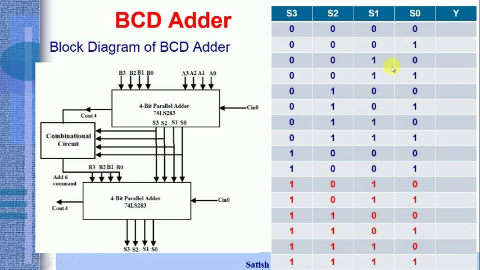Remember, when the result is not greater than 9, the output from the combinational circuit should be 0. If the result is greater than 9, the combinational circuit should generate a signal to add 6 to the result, and for that purpose it should generate 1.